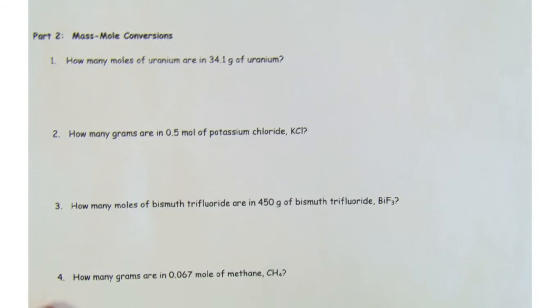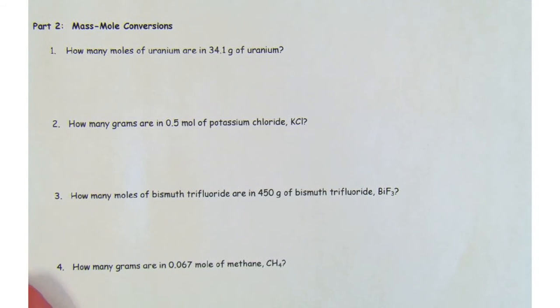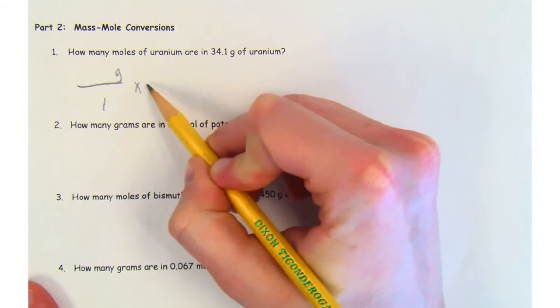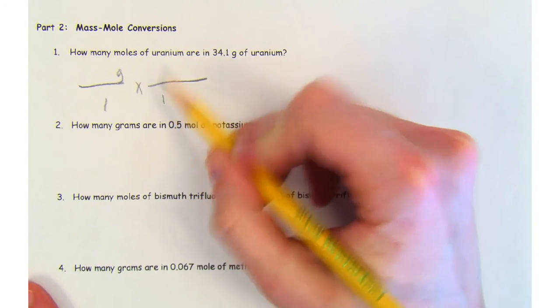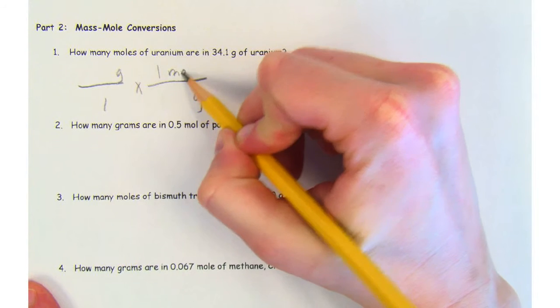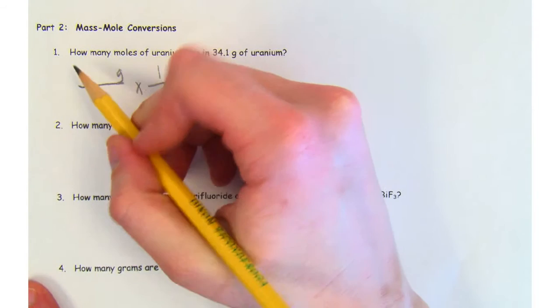For mass mole conversions, I'll do 1 and 2 for you and leave you to try 3 and 4 on your own. We're told 34.1 grams of uranium, and we're asked how many moles. So this is an orange problem. The grams we're given in the problem goes first.